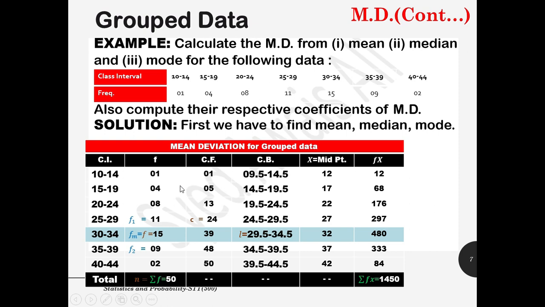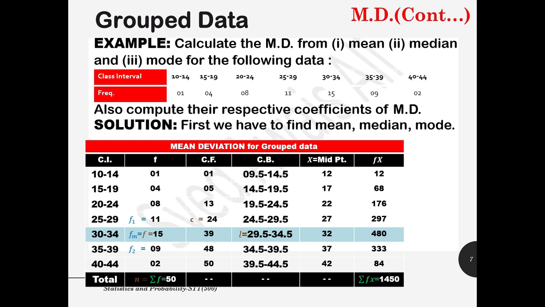Then we have to add 4, that will give you 4 plus 1 will be 5, then 5 plus 8 will be 13, 13 plus 11 will be 24, 24 plus 15 will be 39, 39 plus 9 will be 48, 48 plus 2 will be 50. So this summation f and this term will be equal, so that means we are going right.